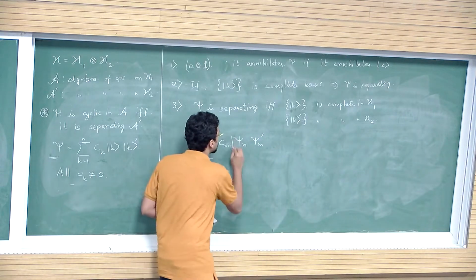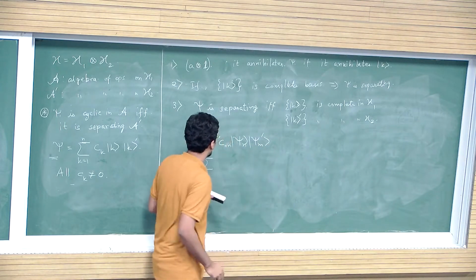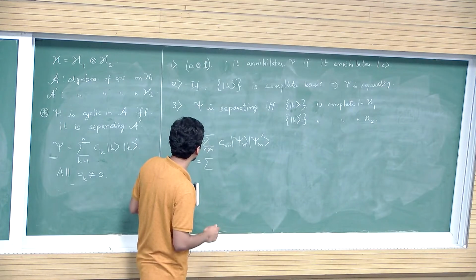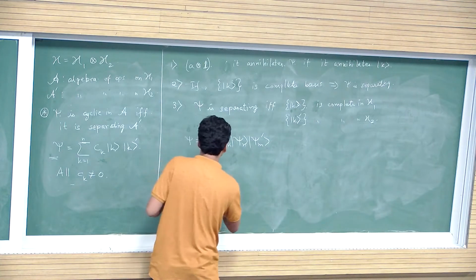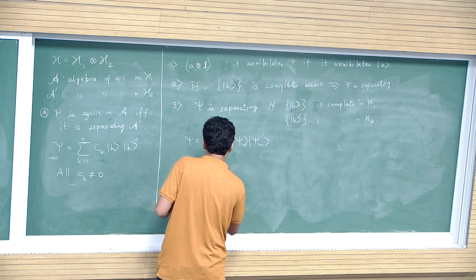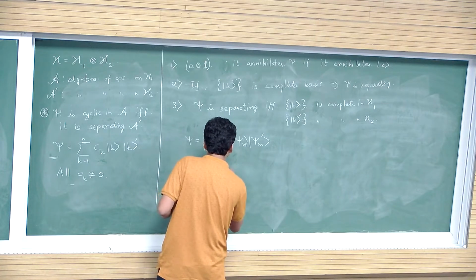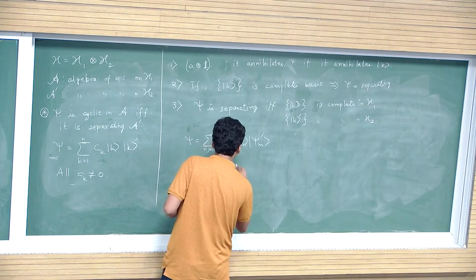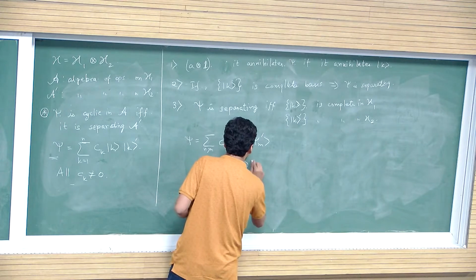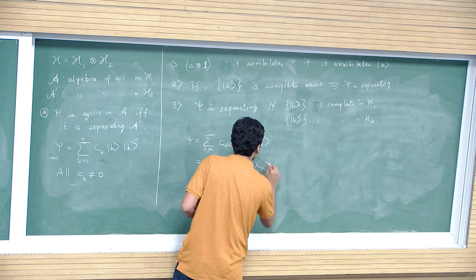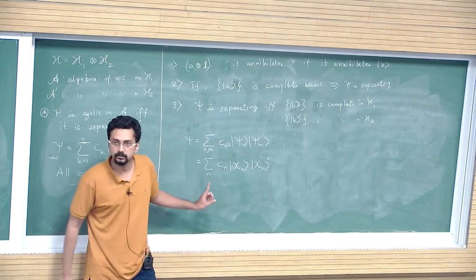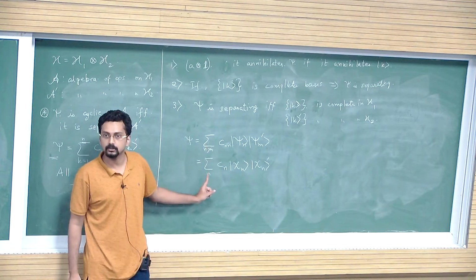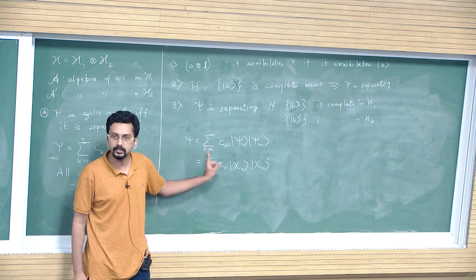This is what I start with, and what I can show is that this object is equivalent to the sum over n of C_n chi_n times chi_n prime. This is the statement. So there were two sums here, and now I can always write it in this way.